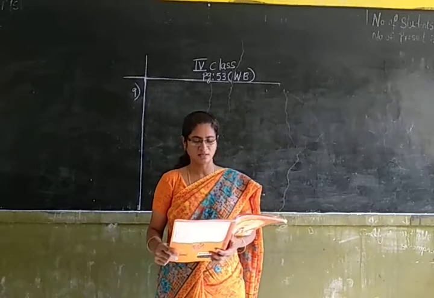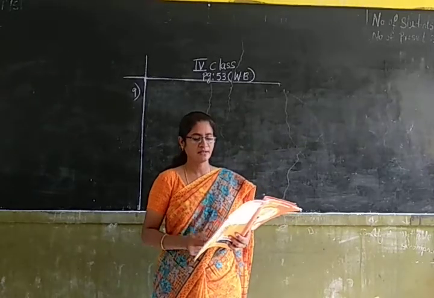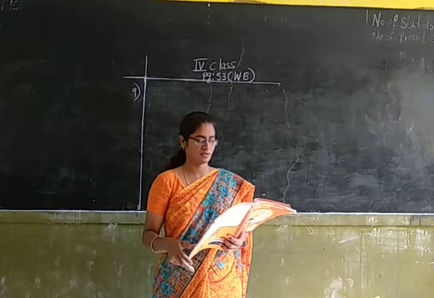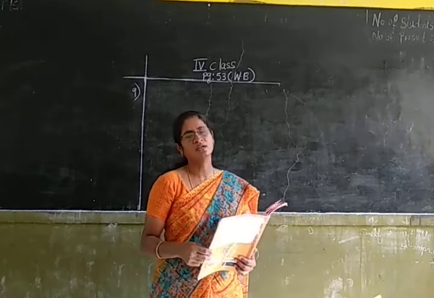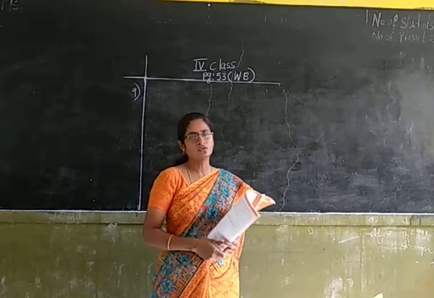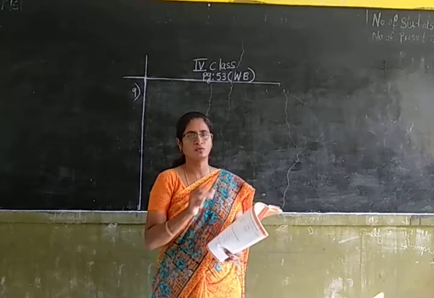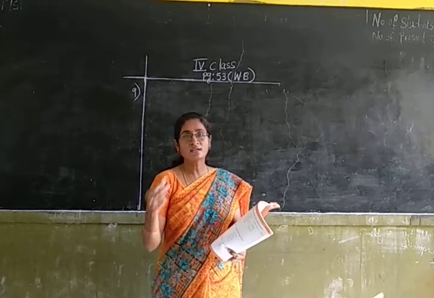Find the divisor. Here dividend, quotient and remainder are given. Now we have to find out the divisor. You all know that if you divide the dividend by the quotient, you will get the divisor.